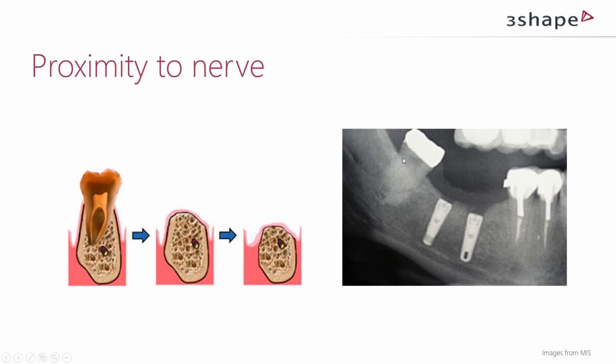Again, here we have the tooth, the bone level is high, so we think, okay, we are going to have a 12 millimeter implant, because this is the length here, that we want to use and place. And now when we come to the area where there has been resorption, we place our 12 millimeter and boom, we might actually go into the nerve or put pressure on the nerve.